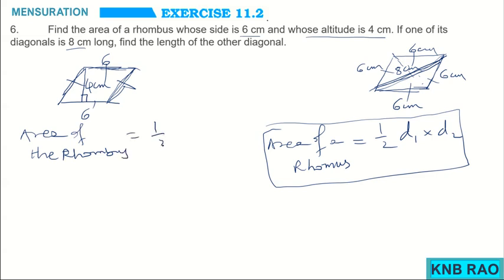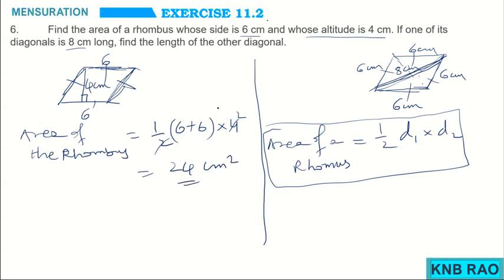is half of the sum of the parallel sides, that is 6 plus 6, into the corresponding height 4. Now it becomes 2 into 6 plus 6 is 12, 12 into 2 is 24 centimeter square, the area of this rhombus.